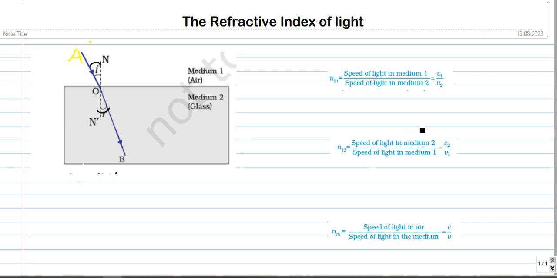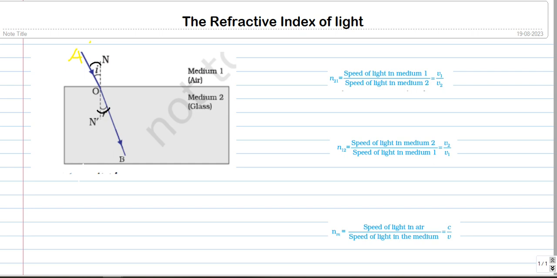These two are similar, but we have interchanged the medium. The first one is the refractive index of glass with respect to air. The second one, N12, is the refractive index of air with respect to glass.